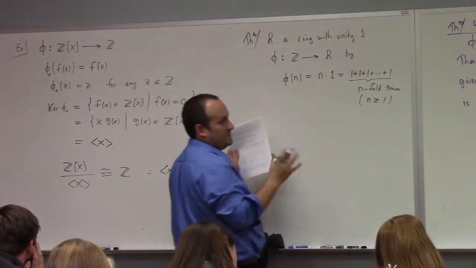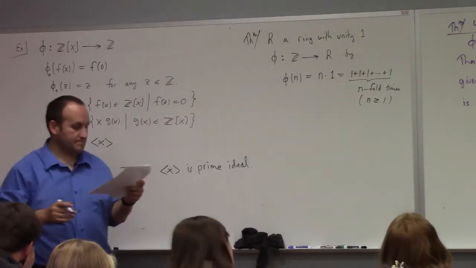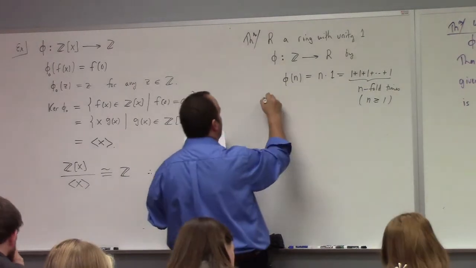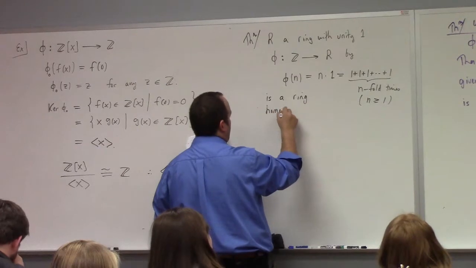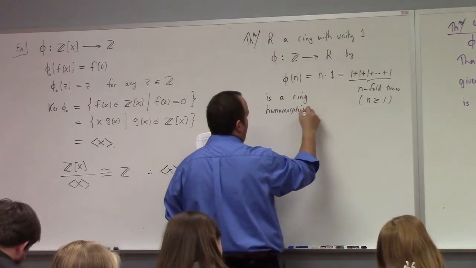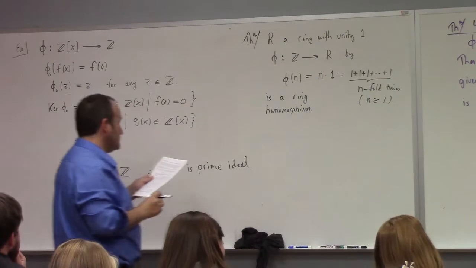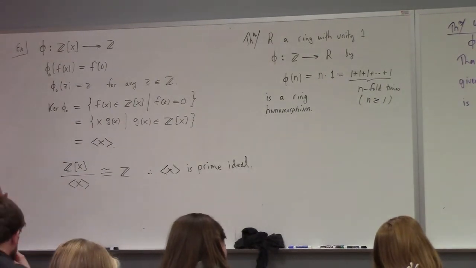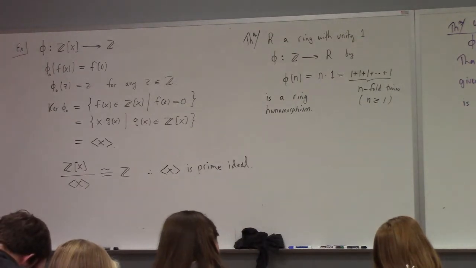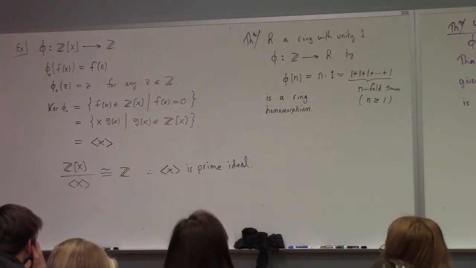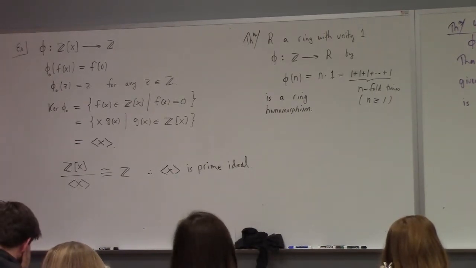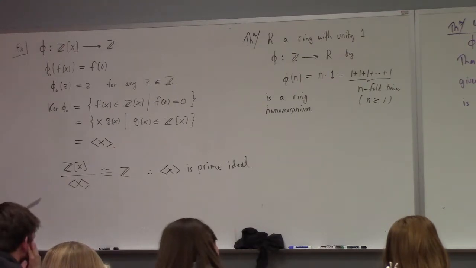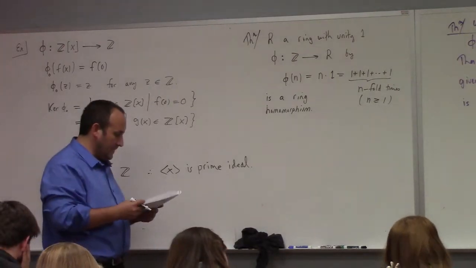If n is negative, it means repeated subtraction of 1. So the proof that that's a ring homomorphism is the laws of exponents for additive groups. I'm not going to prove this is a ring homomorphism. You can prove it as an exercise, a tedious exercise involving induction. But it is, in fact, a ring homomorphism.